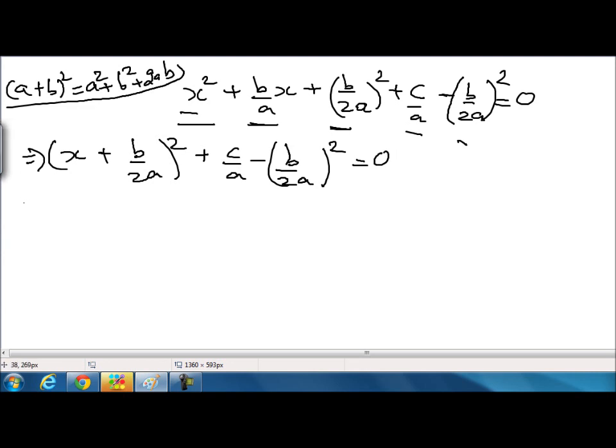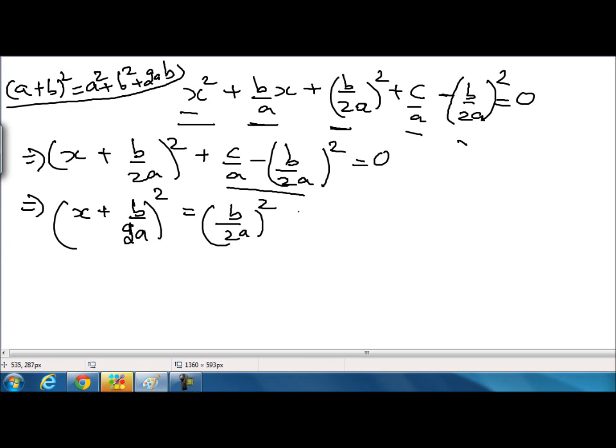Now in order to solve this equation for x, x plus b divided by 2a whole square is equal to, I take these terms to the right hand side, so it becomes b divided by 2a whole square minus c divided by a.